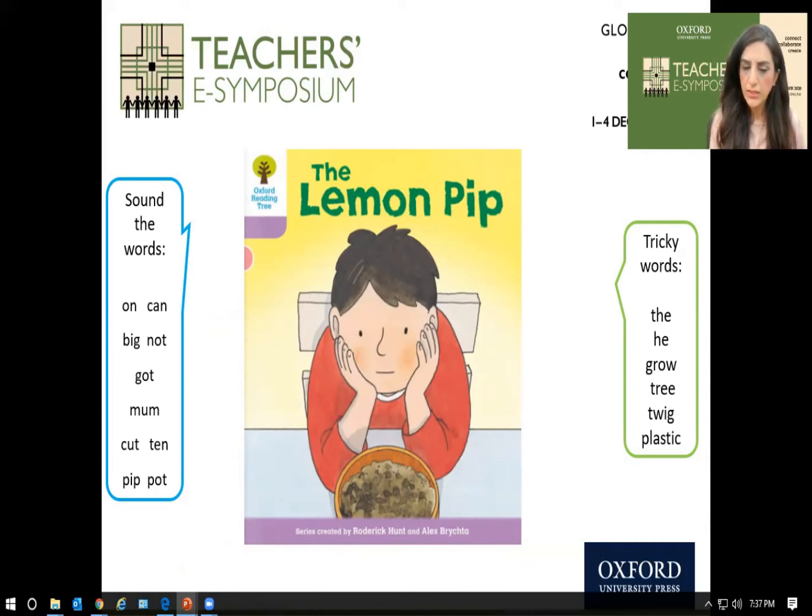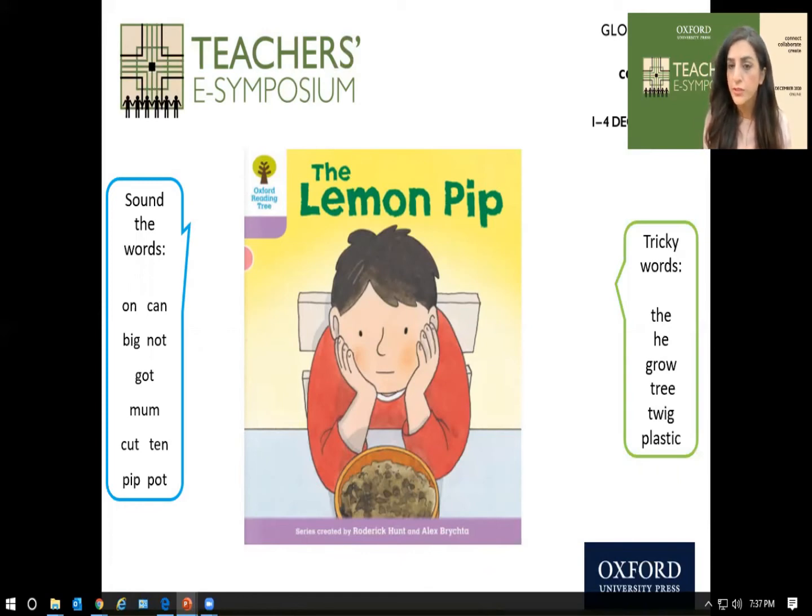And you can see that the focus shifts over here. So you are practicing blending some words: pip, pot, ten. So this is in the same reading level as the decodable reader that we looked at before. But see the progression in terms of blending skills and identifying tricky words.